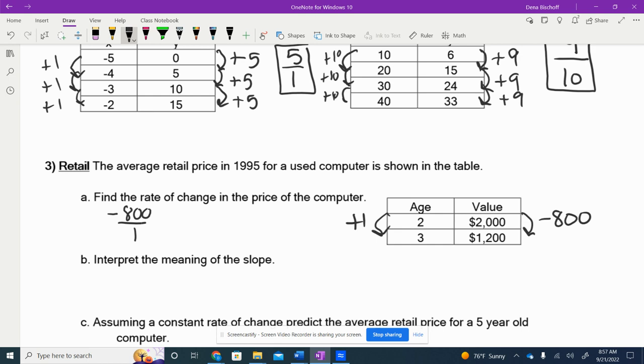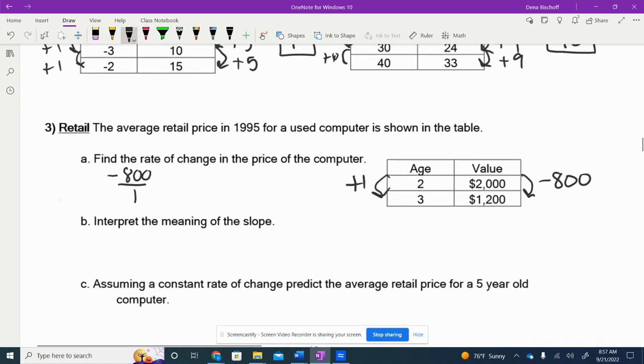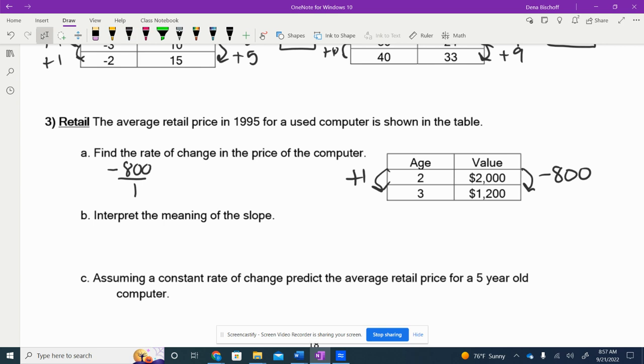Remember that rate of change is the same thing as slope. So it says interpret the meaning of this. What does this mean? Well, we're talking about the value of a computer. So what's happening to the value of a computer? Staley, what's happening to the value of this computer if the change is -800?